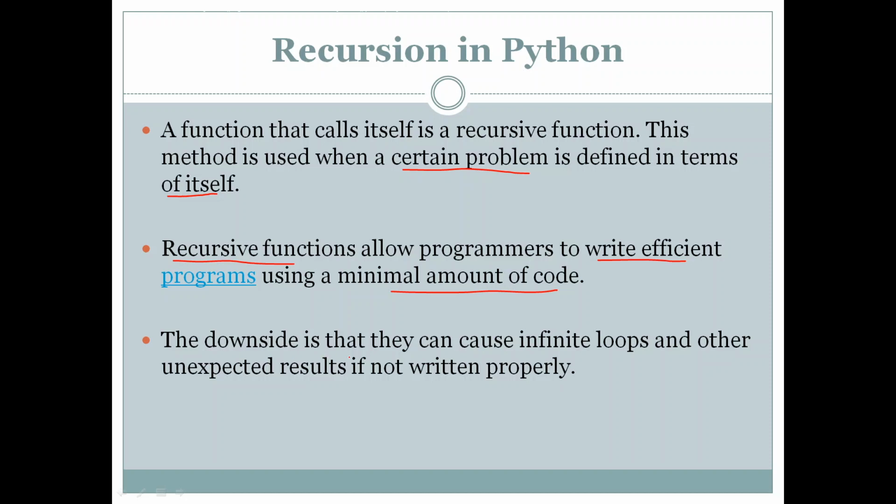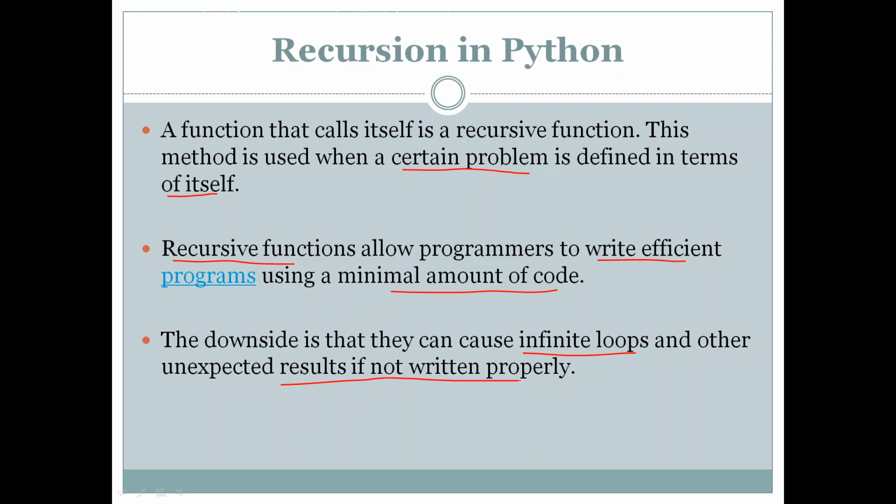The downside is that they can cause an infinite loop and other unexpected results if not written properly. So while writing a recursive function, we need to take utmost care while defining the stopping conditions of the recursive function. Otherwise it may cause an infinite loop which will not end.